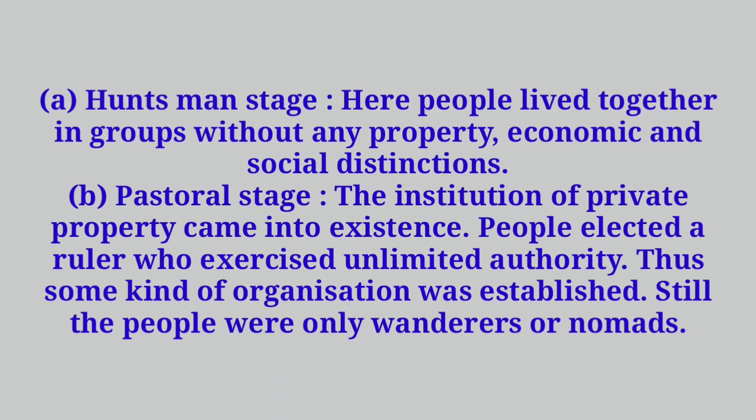Pastoral stage. The institution of private property came into existence. People elected a ruler who exercised unlimited authority. Thus, some kind of organization was established. Still, the people were only wanderers or nomads.